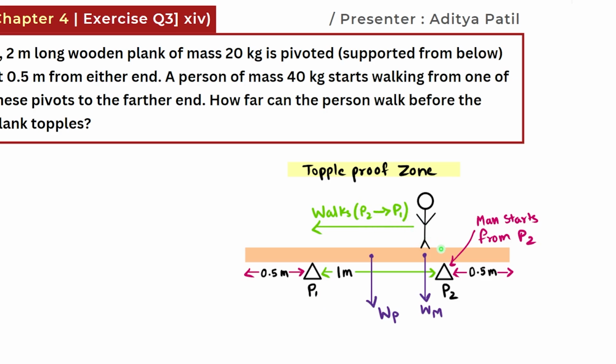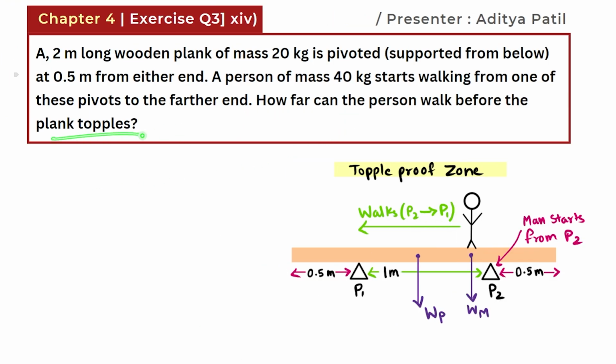So as it is walking from P2 to P1, हमारे person will realize that there will come a distance beyond which it cannot go further, because अगर वो इसके beyond जाएंगे तो the entire plank might topple around our pivot P1. So वही distance हमसे पूछा गया है कि how far can the person walk before our plank decides to topple around pivot P1.